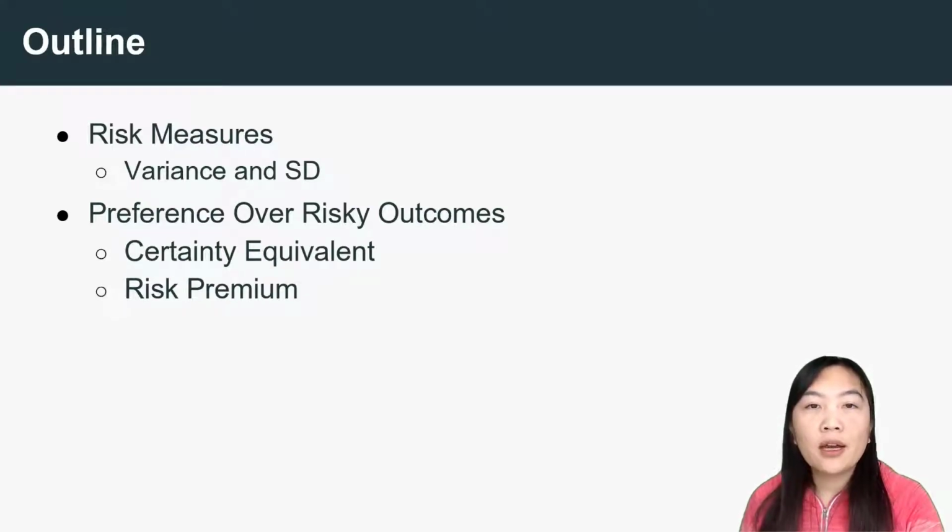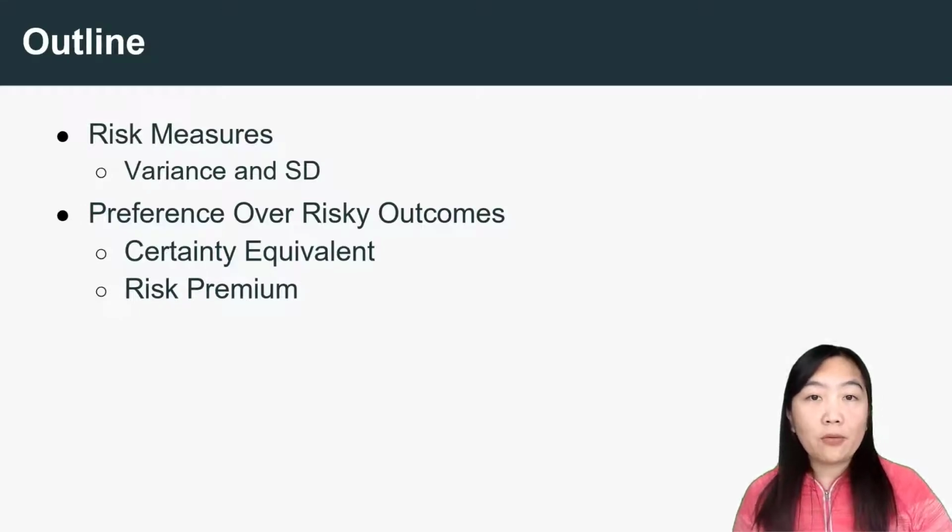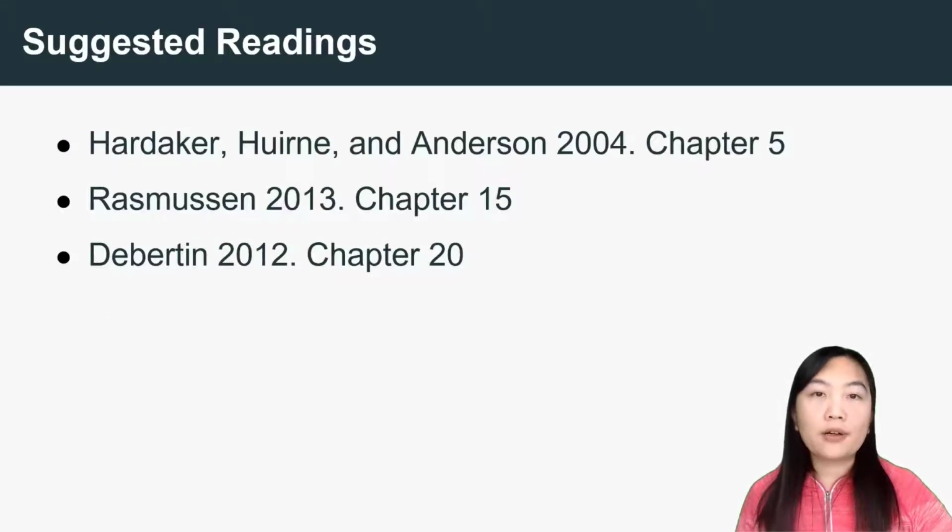So then we need to introduce two more concepts, certainty equivalent and risk premium. Those two concepts will help us understand the preference over different risky outcomes and also help with decision making when there's risk in production.